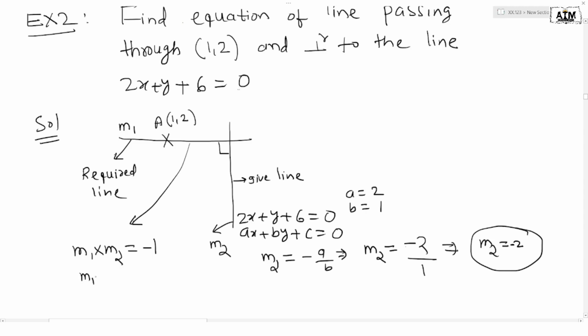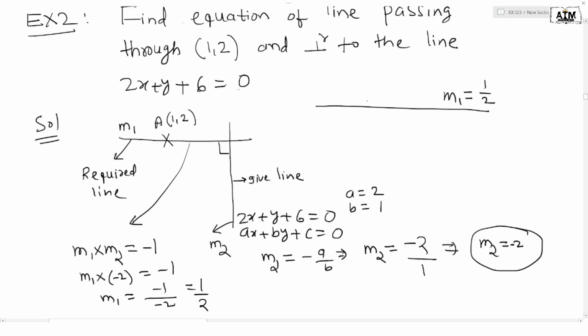So m1 multiplied by m2, that is minus 2, equals minus 1. Therefore, m1 equals minus 1 divided by minus 2, that is 1 upon 2, and the line is passing through the point A(1, 2).